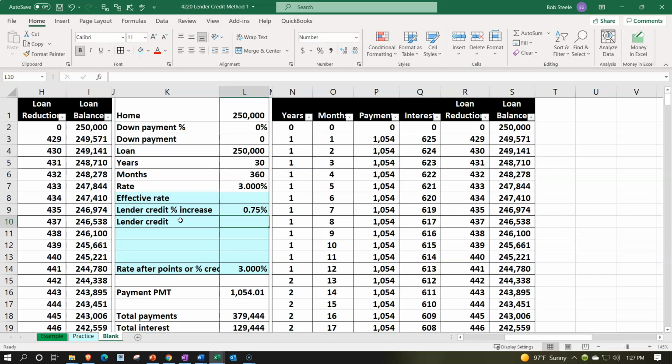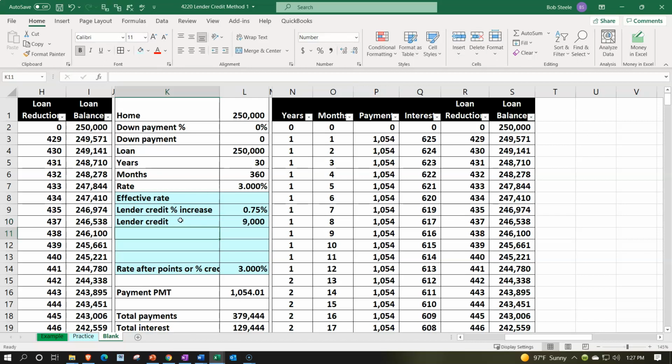You cannot typically get a lender credit over and above the closing costs, meaning you might say, well, can I increase the rate so that I get a credit that will cover part of my down payment as well? Not generally the case, right? It's generally that it has to cover the closing costs, like 3 to 5% or something of the loan price. So we're going to say here that it's going to be $9,000 for our purposes.